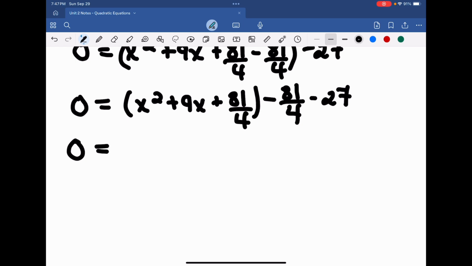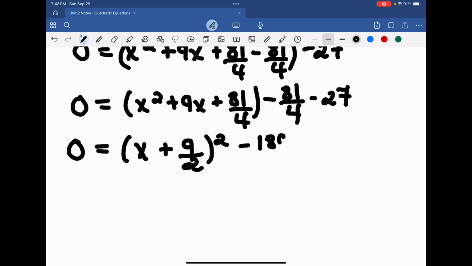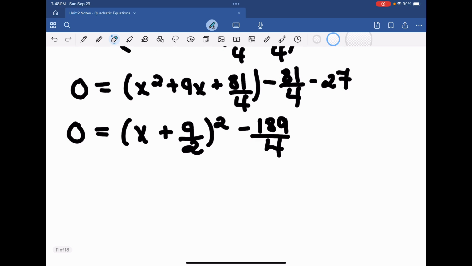From here, if I know that this is a perfect square trinomial, the factor is actually x plus the 9 over 2 that we got as the b divided by 2 value. And then negative 81 minus the 27, this is the same as negative 189 divided by 4, which is all equal to 0. And we already have the 0 on the other side, so we don't need that.